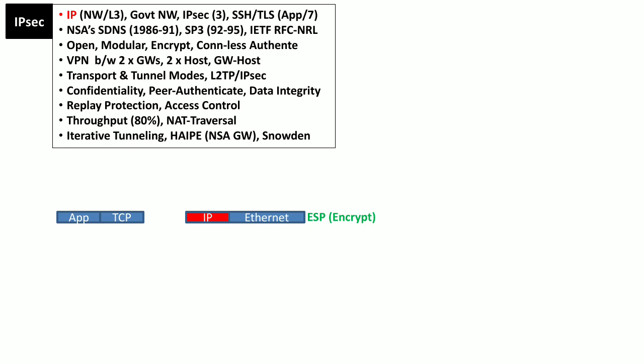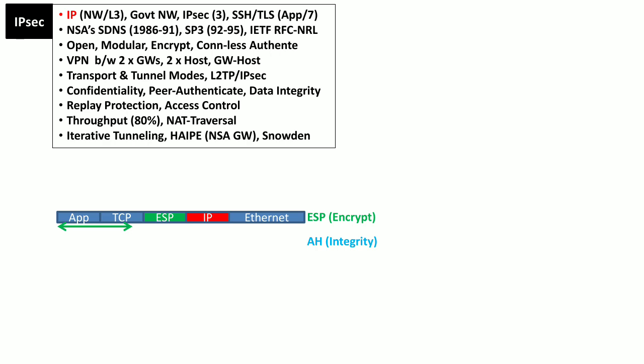Now the ESP header is added and inserted between layer 4 and layer 3, and it provides encryption services to the data after it, that is the layer 4 data and above till layer 7. So the ESP header does not encrypt the IP header, but it only encrypts the IP payload or IP data, which is the upper layer data.